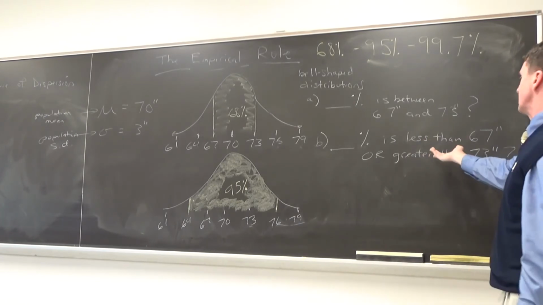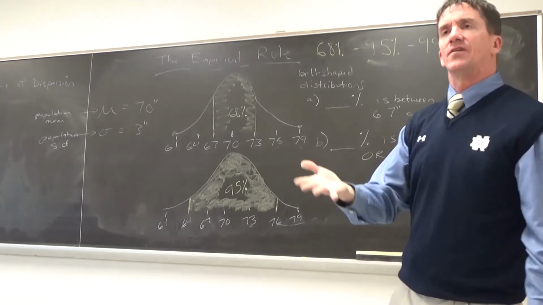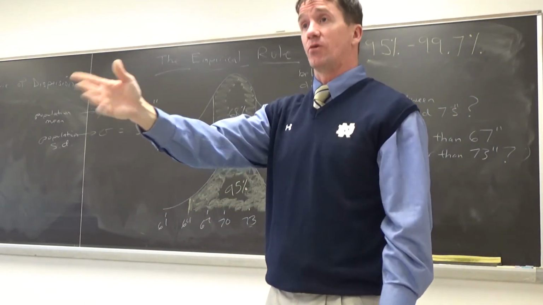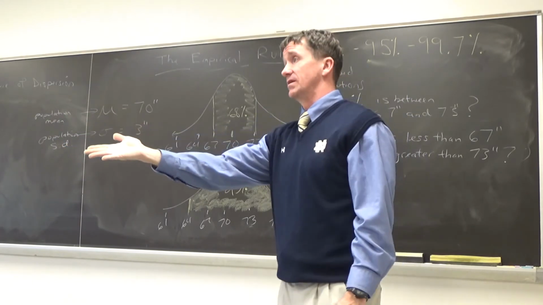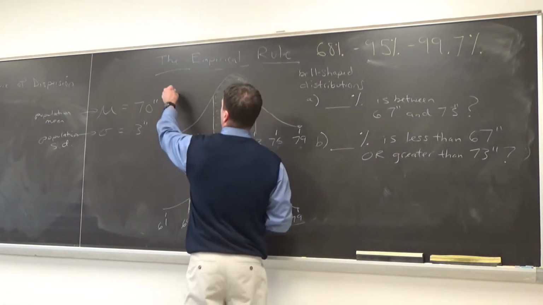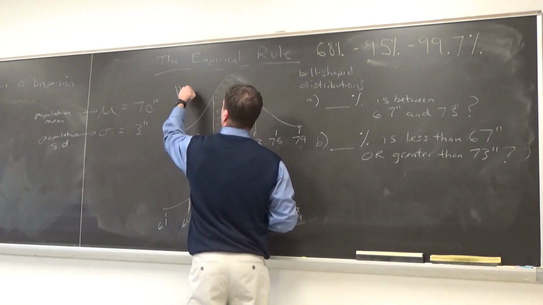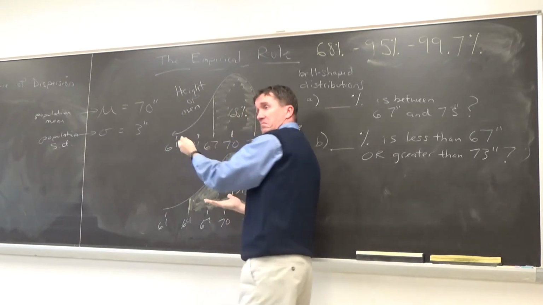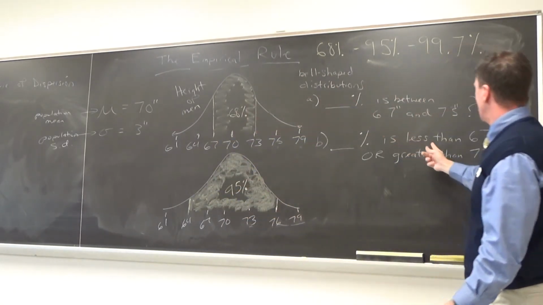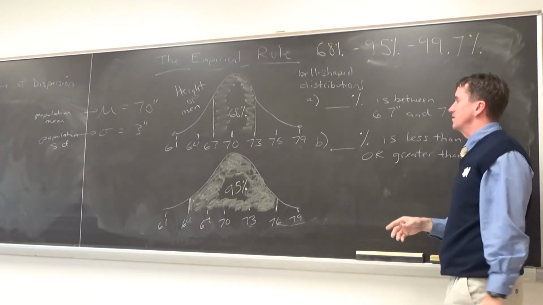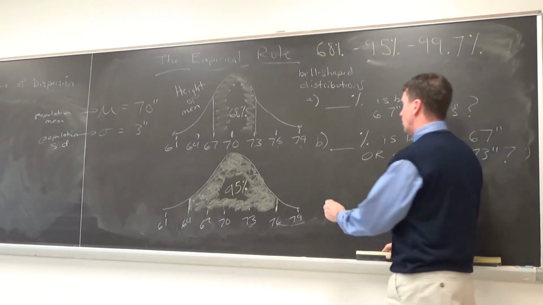When I'm using the words less than and greater than, if you're thinking of the height of a man, you could change that to taller than or shorter than, please feel free to do that, because I am talking about the height of men, age 20 to 30. So if you want to go shorter than, taller than, that's absolutely right. I'm going to fill these in. And I've got one more.